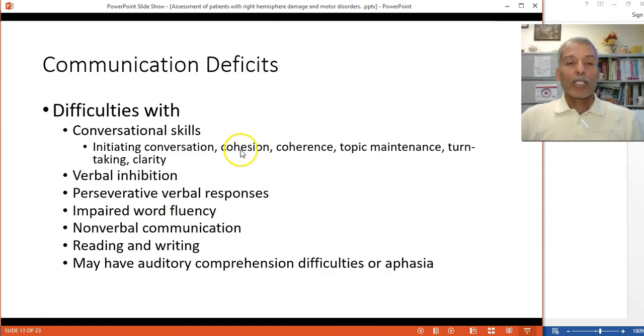In terms of communication difficulties associated with TBI, of course, conversational skills and the ability to initiate conversation, cohesion, coherence, topic maintenance, turn-taking, clarity, all of these are frontal brain functions and also right brain functions. Depending on where the area hits, you are going to find them affected to certain levels.